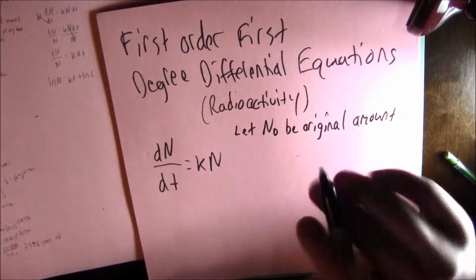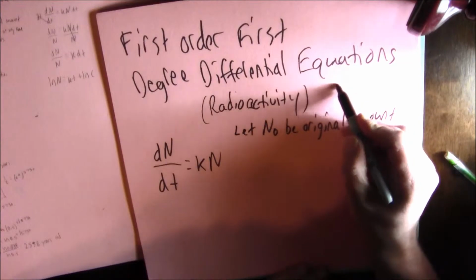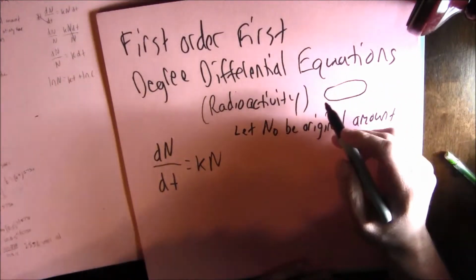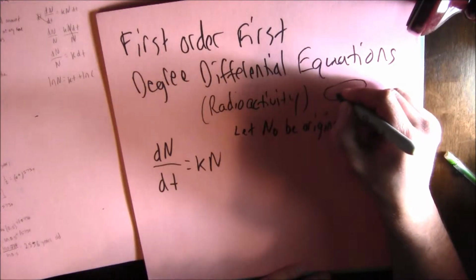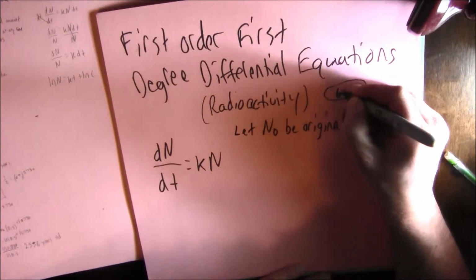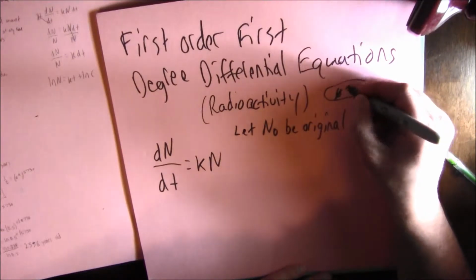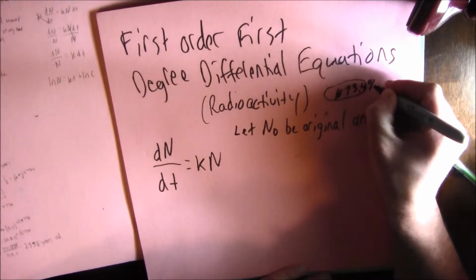Say you're trying to look at a rock, or a piece of wood or something like that. You say, oh my goodness, the concentration of carbon-14 is 73.4%.